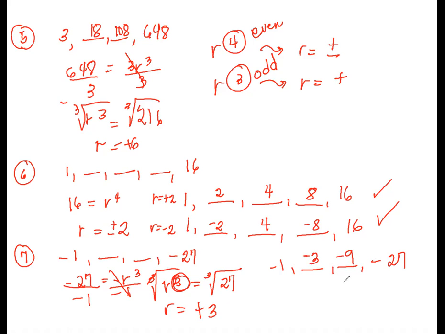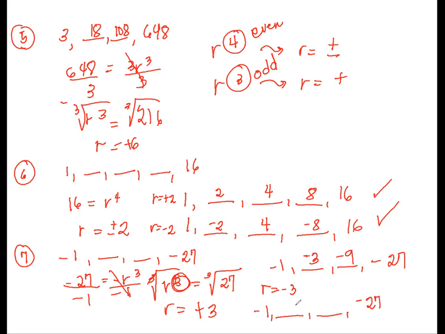Kung magiging negative siya, negative times negative is positive, positive times negative is negative, o hindi siya magsasatisfy. Pakita ko sa inyo ha. Kung i-consider natin yung negative, kunwari, R is equal to negative 3, blank, blank, negative 27.